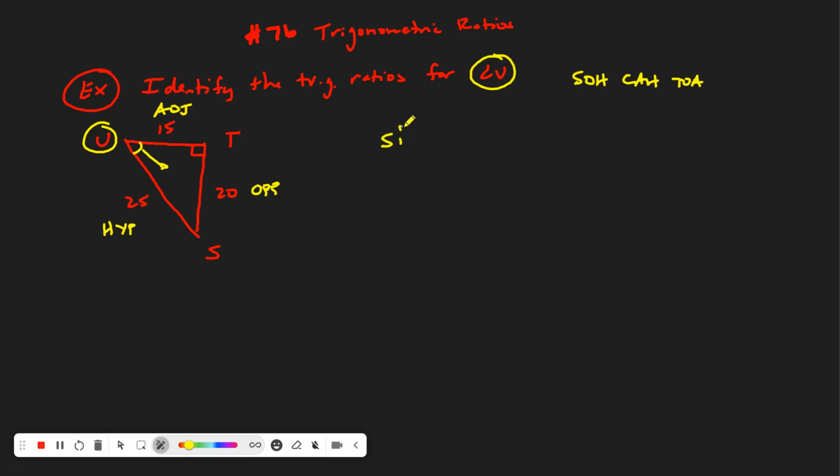So sine, S-I-N, lowercase, sine of U equals opposite over hypotenuse, O over H. So the opposite would be 20, the H would be 25. Now you need to type this fraction into Desmos and get the simplified version of that fraction and/or the decimal, depending on what the problem is asking for.